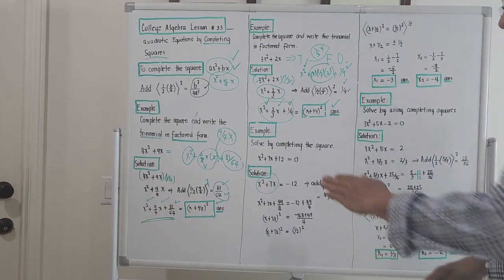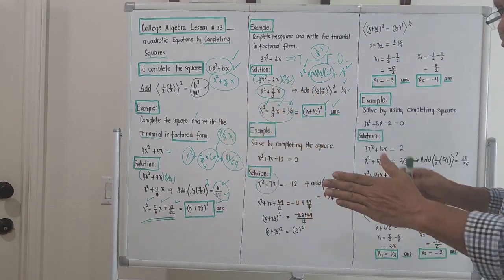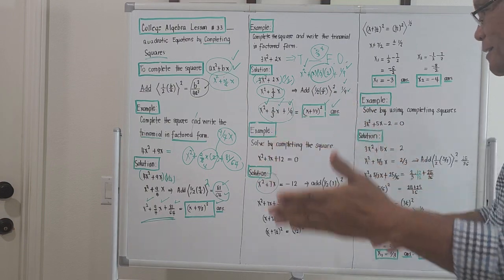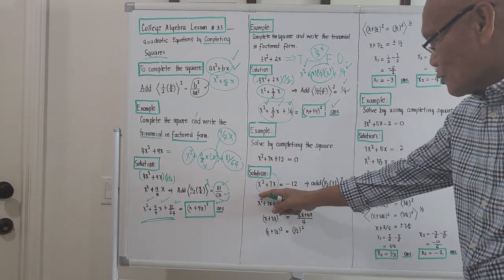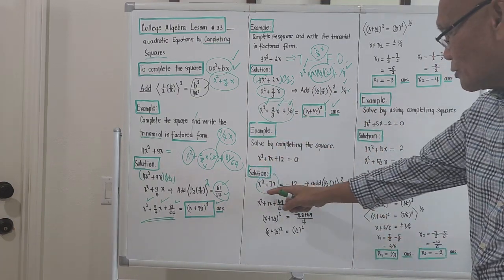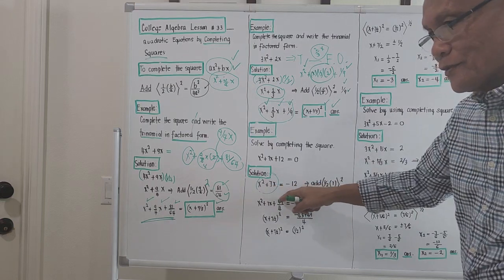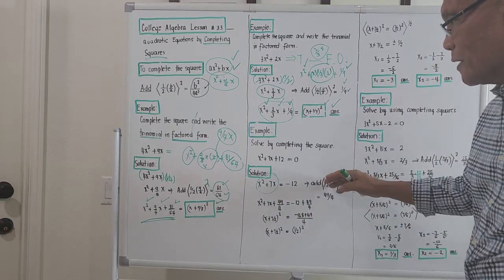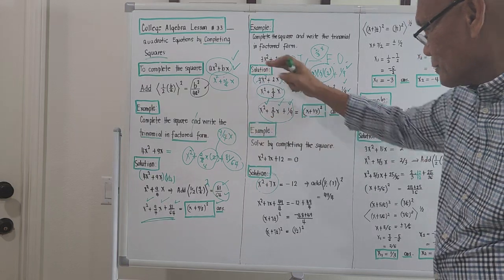From the previous two examples, we know how to complete the square, right? So, x squared plus 7x, for this one to become a perfect trinomial, we use our knowledge from example number 1 and number 2.